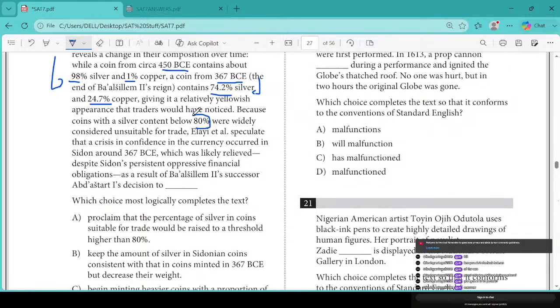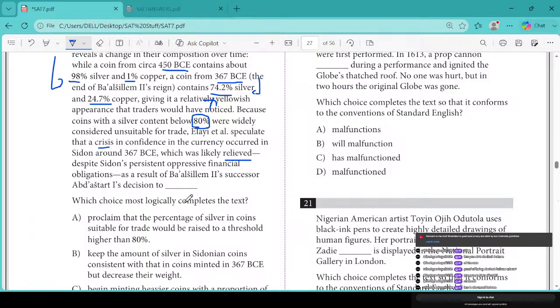If it's below 80%, it's not suitable for trade. However, this is below 80%, so it's not suitable for trade. So a crisis happens because they don't trust the money. And it was relieved, meaning it was solved.